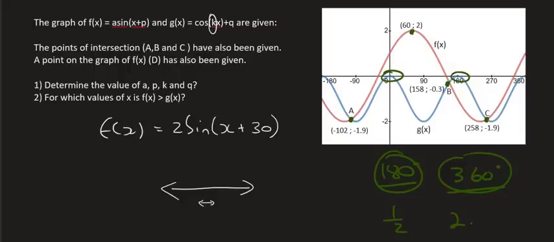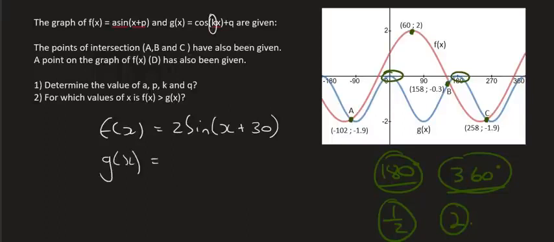If you were explaining this to a grade 4, and we say that the graph has become shorter, you would want to choose a half. But x's are complicated, so we are actually going to replace k with a 2. That 2 implies that the graph has become twice as short. And so g of x is going to be equal to cos 2x plus q.